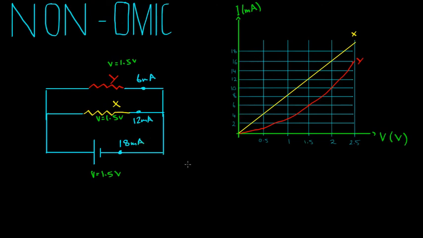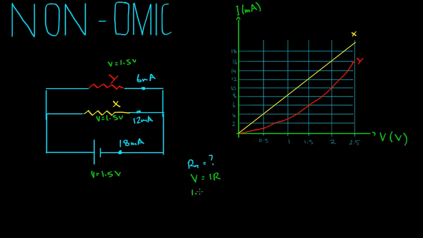And the final part of the question, the challenge part, says what is the total resistance of this circuit? It would actually be quite difficult finding out the resistance of Y. At that point, there's a quicker way to do it. All we've got to do is say this part of the circuit here must obey Ohm's law. V equals IR.